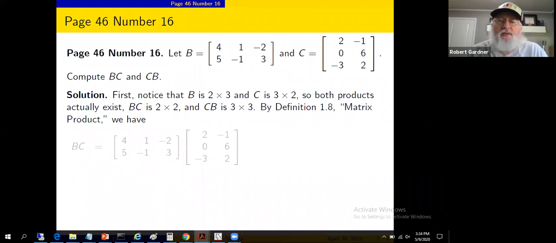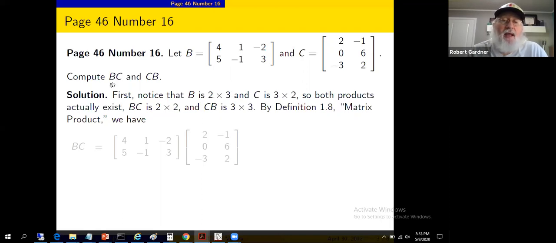But these aren't going to be the same. B times C can't possibly equal C times B because when we multiply B times C, we can do that because the 3's are the same, but the product will be 2 by 2. Similarly, C times B will be a 3 by 3 matrix because of the 3's here in that product.